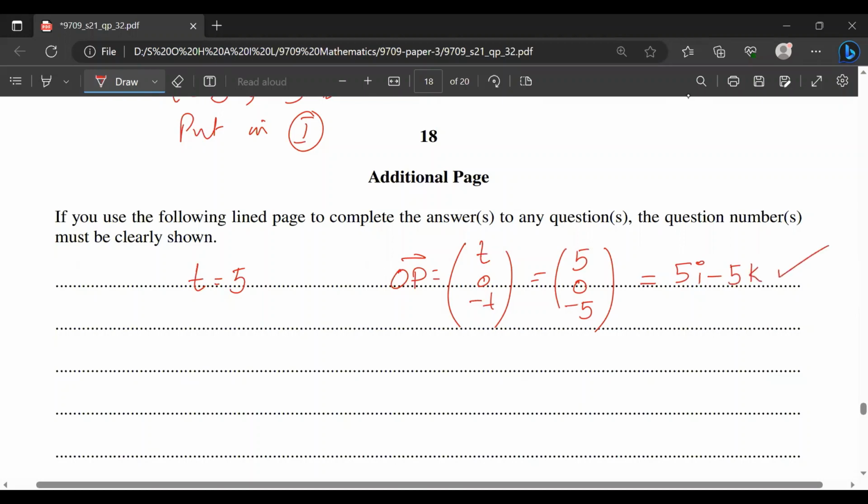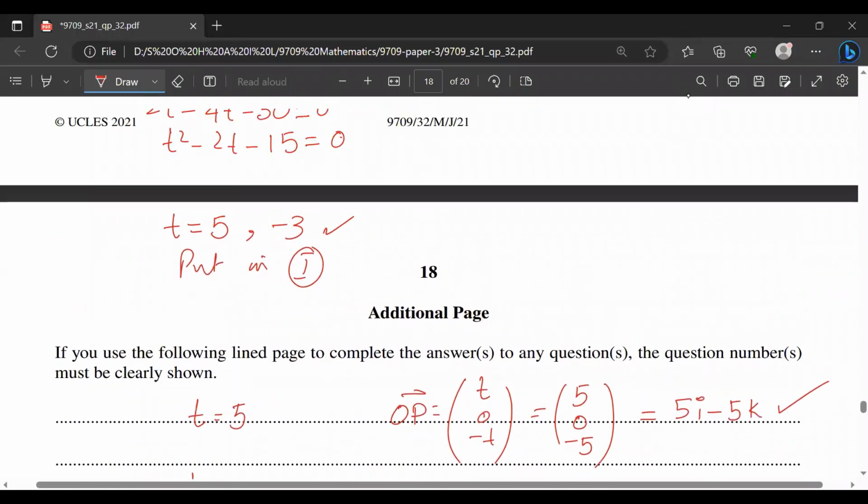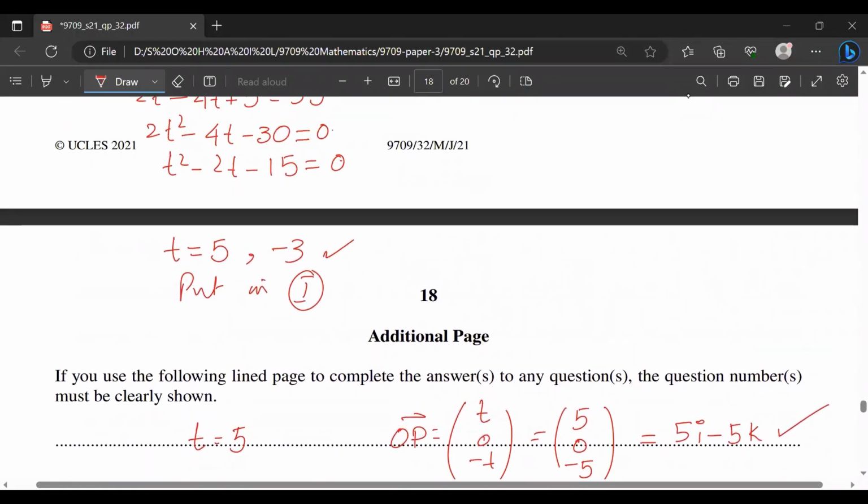This is the first answer. If t equals minus 3, yes, these two are the correct answers, t equals 5 and t equals minus 3.